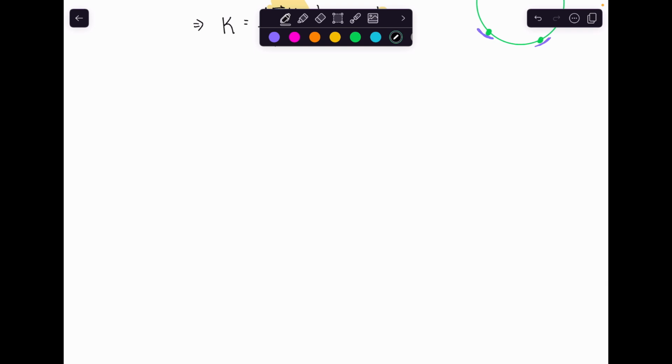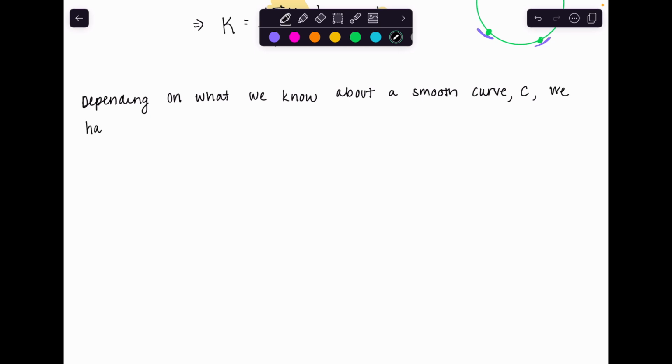So depending on what we know about a smooth curve C, we have another way to calculate curvature.